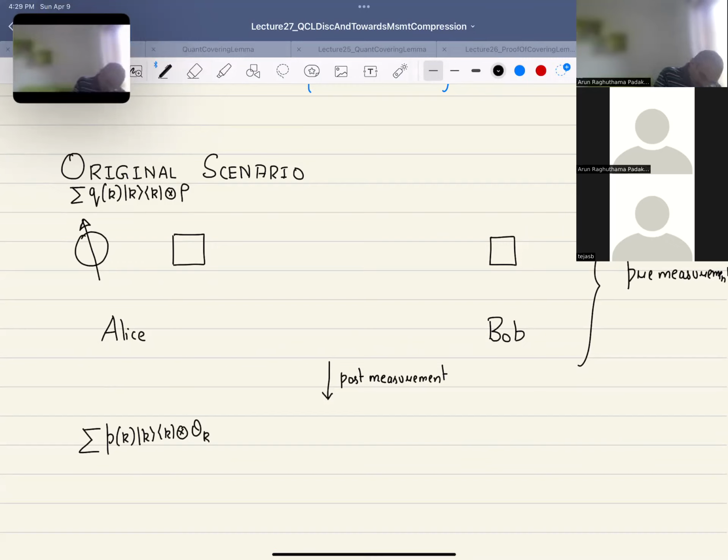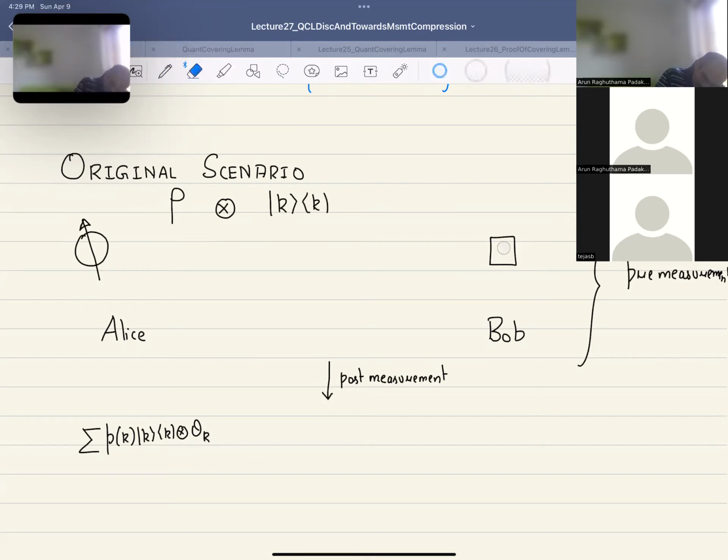And suppose, okay, maybe I'll do this slightly differently. So I'm going to say the classical register is not with Alice. Initially I'm going to say rho tensor |K><K|.